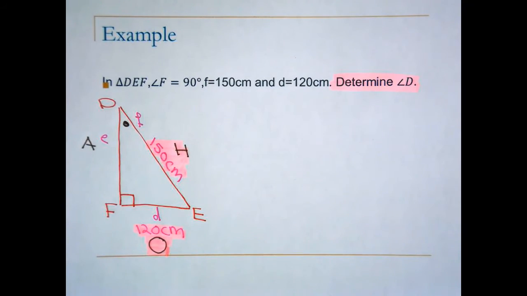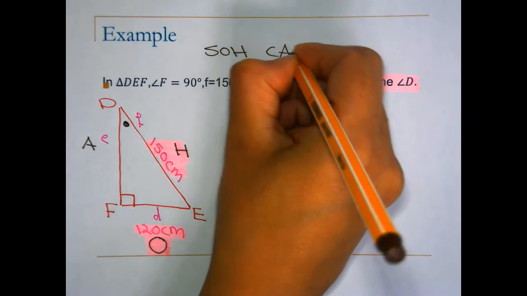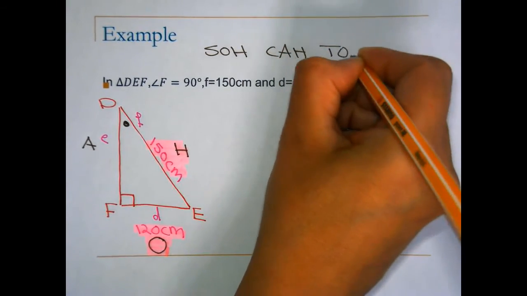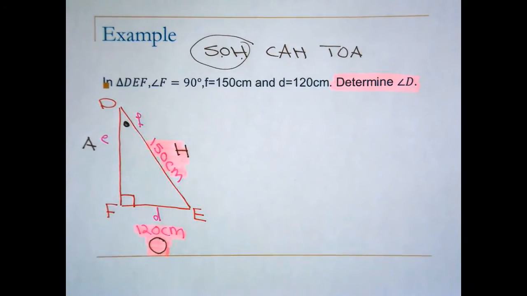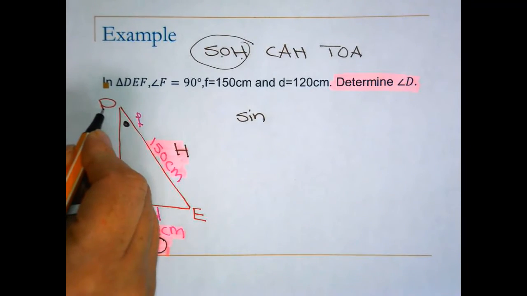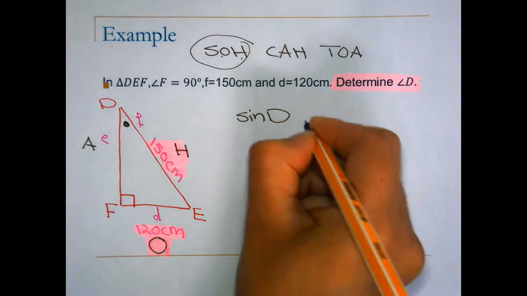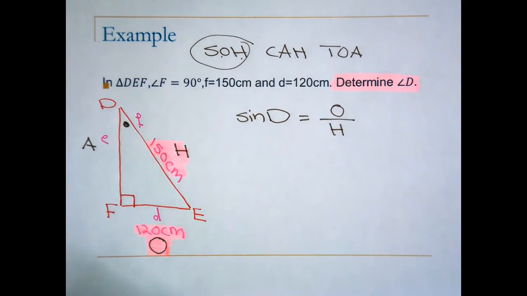O and H, if we look back into our SOHCAHTOA, O and H means we have to use sine. So sine, the angle we're trying to find, which is angle D, is equal to O over H.